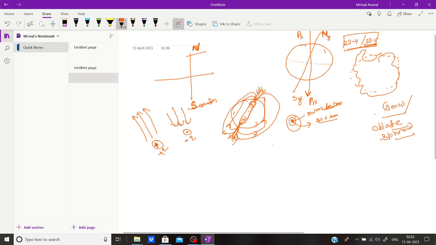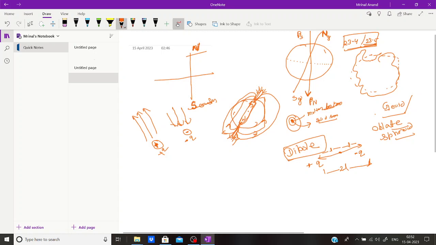So what is the meaning of that dipole? A dipole is two equal and opposite charges separated by some distance. This one is L, this one is L, so the whole is 2L.